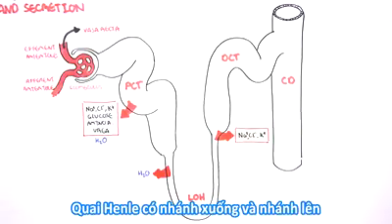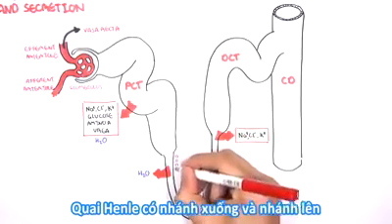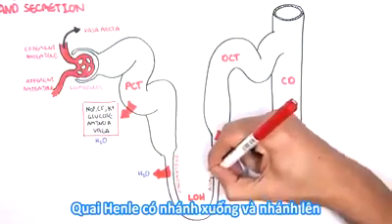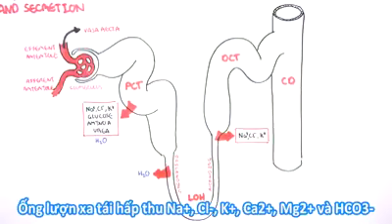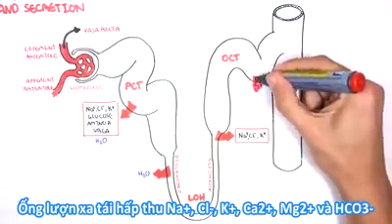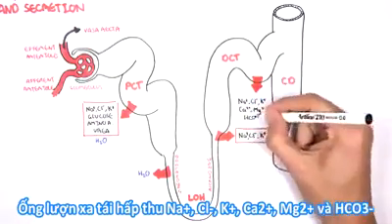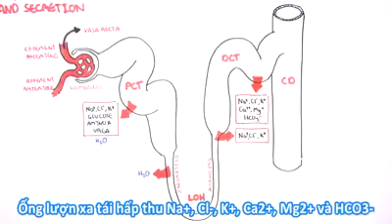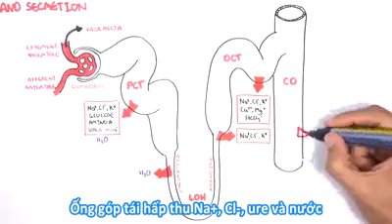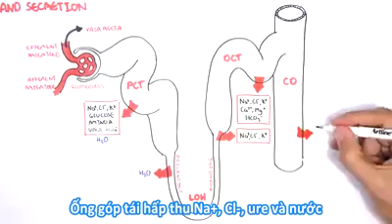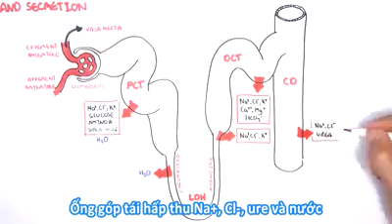The distal convoluted tubules are responsible for the reabsorption of sodium, chloride, potassium, calcium, magnesium, and bicarbonate. The collecting duct is responsible for the reabsorption of sodium, chloride, urea, and water.